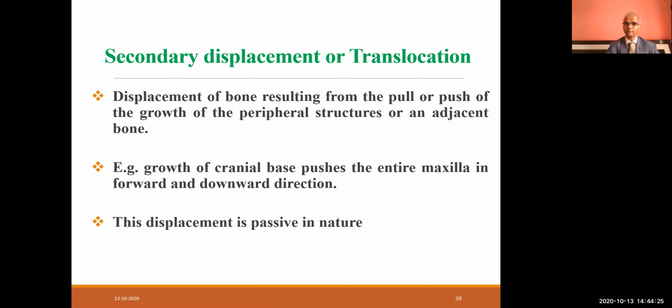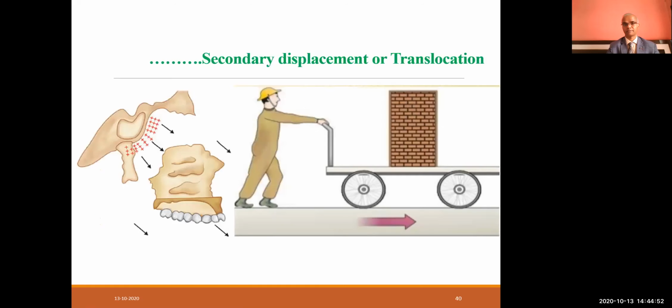It occurs by the push or pull of the growth of the adjacent bone structure, not by its own. Like growth of the cranial base pushes the entire maxilla in a forward and downward direction. So this displacement is passive in nature, whereas primary displacement is active in nature.